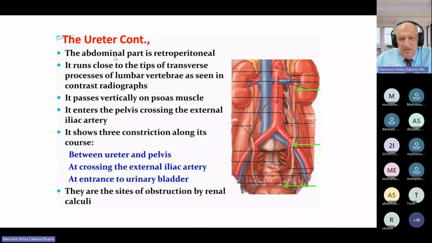Okay, they put a double J stent before the operation and send the patient to you so you can palpate the ureter. In some gynae and OBS centers, if the doctor is junior, for safety, to avoid injury of the ureter, they put a double J stent before the surgery. So with the double J you can palpate it and feel it. You understand.